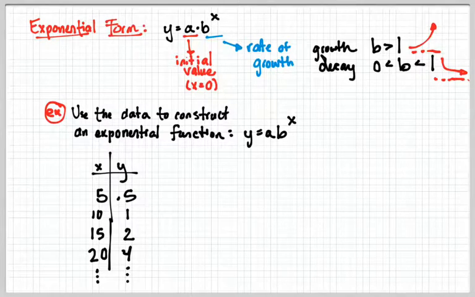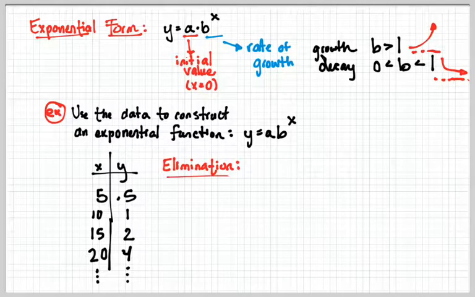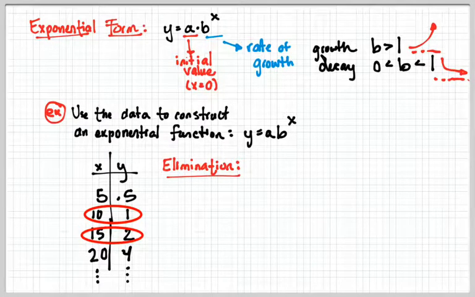So the best way to think about this is we use the method, we started out with substitution, but then we realized that elimination is much easier here. So we're going to choose 2 points. Probably going to want to choose these two and not the 15 and the 0.5, because that's a decimal. So this will just make our life easier. So we have 10 and 1 and 15 and 2.